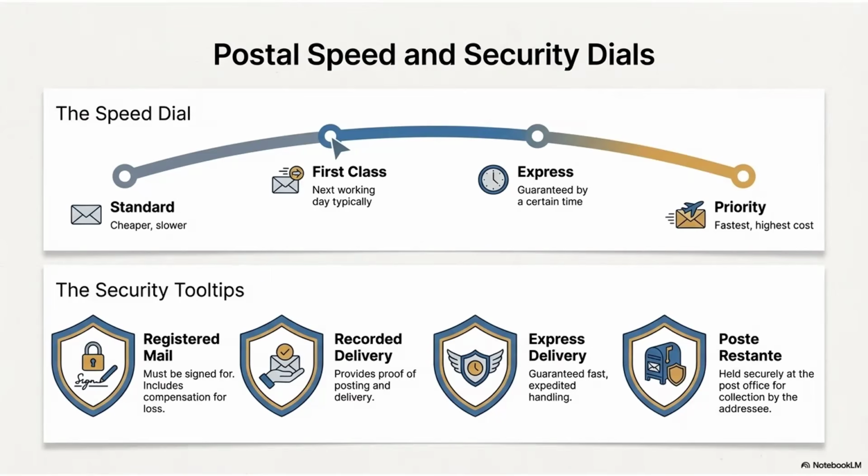The standard is the cheapest, most basic one, but it's slow. Then you have first class, which is normally delivered by the next working day. Express is where they deliver at a particular time. And then priority, which is the fastest possible delivery.